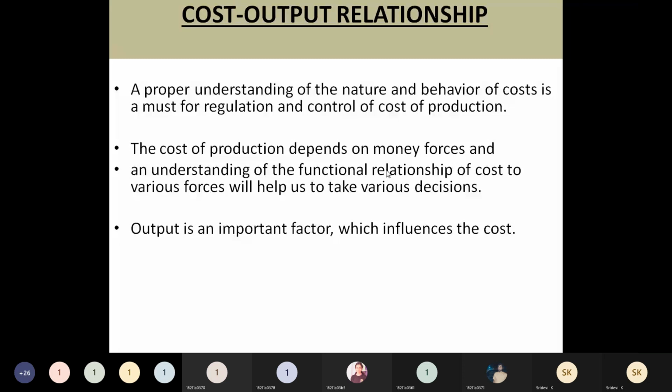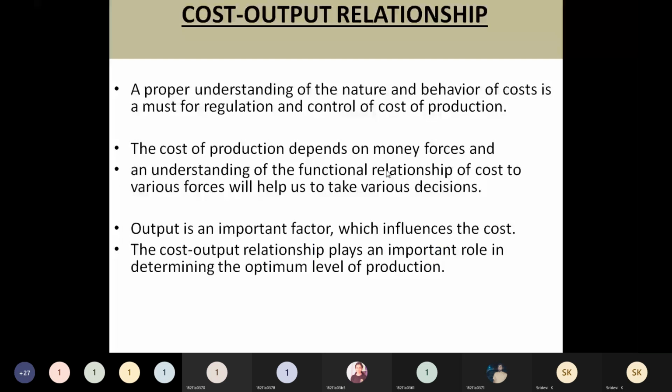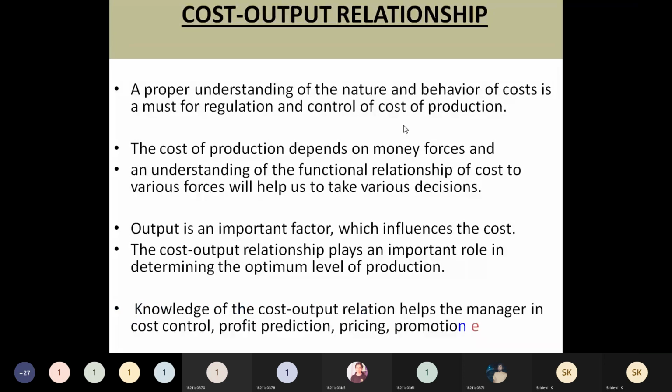So what are the costs that you can control, you can understand by using these cost concepts. Which will help you to find out the optimum level of production. So this cost output relationship is going to determine that optimum level of production. How to identify that optimum level of production also we will see.